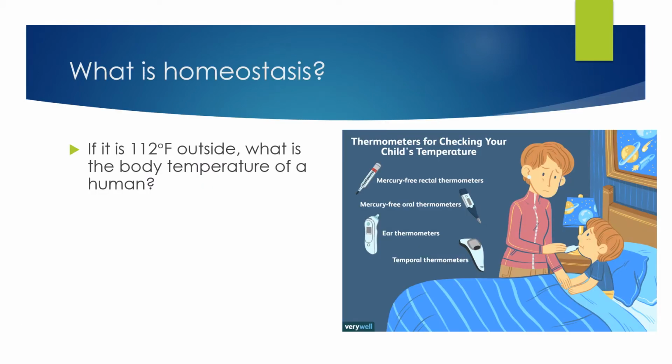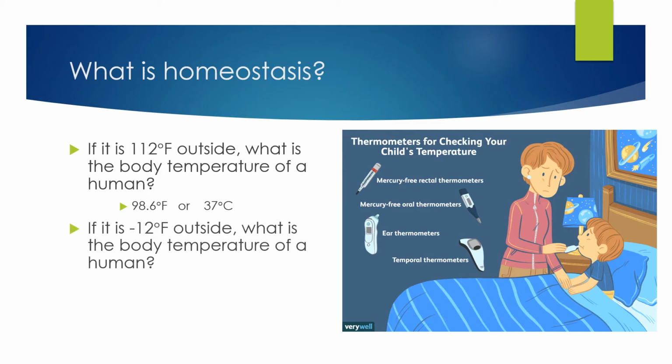So what is homeostasis? Well, think about this. If it's 112 degrees Fahrenheit outside, what is the body temperature of a normal human being who is out in that environment? Well, you should have said somewhere around 98.6 degrees Fahrenheit or 37 degrees Celsius.